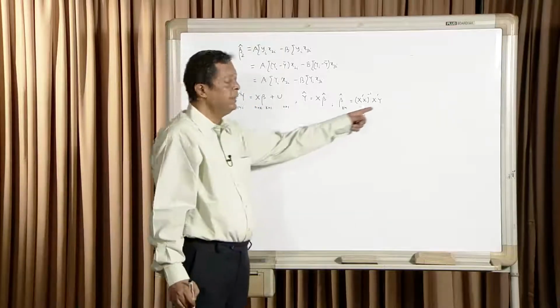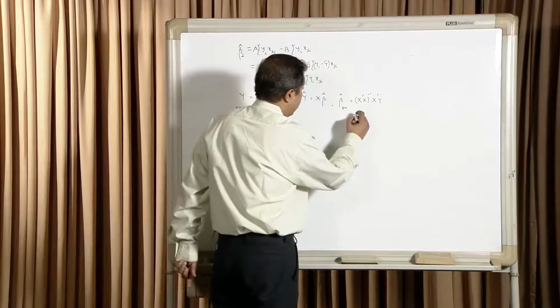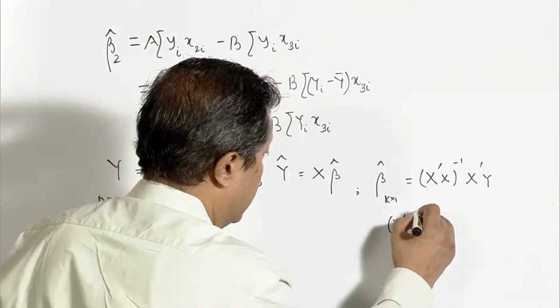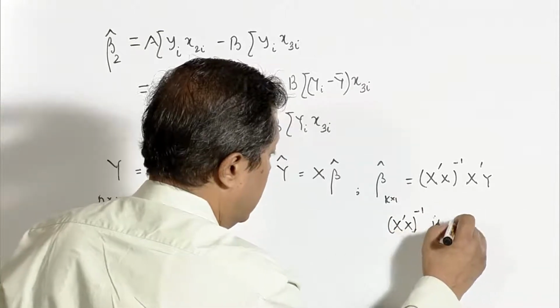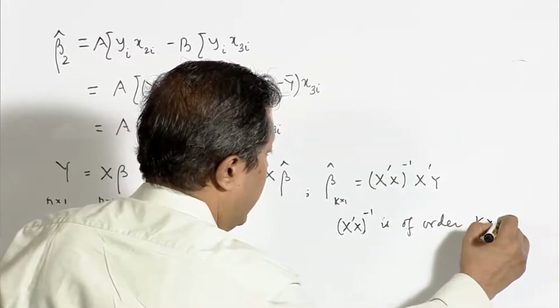So, again this is also linear in y. You can see that x prime x inverse is of order k cross k.